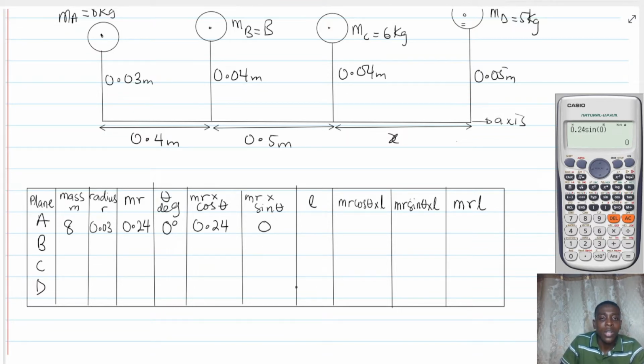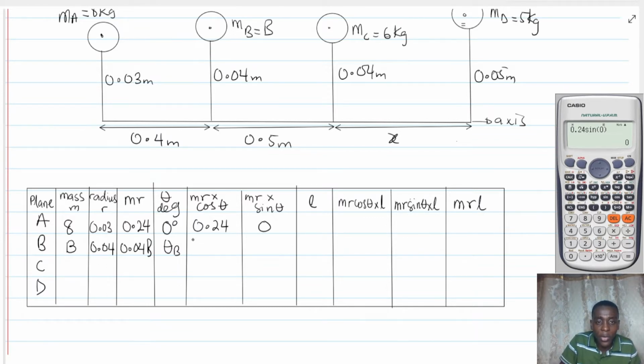Okay. So the mass at B, we don't know. It was just B. But the radius is what? 0.04. That is the mass center. So if I multiply this by this, I'm going to get 0.04 multiplied by B. Okay. And the angle too, I don't know. So let's call this angle, say theta B. Alright. At this point, we can't do anything about this.